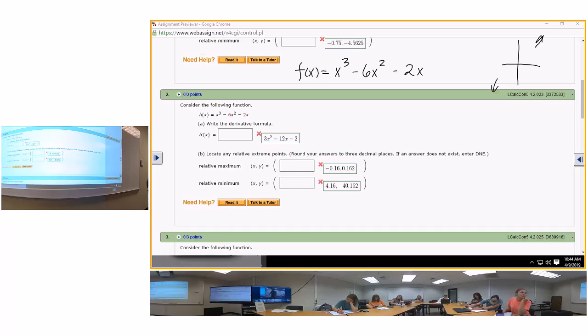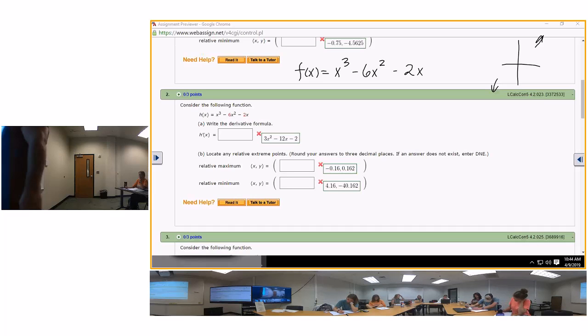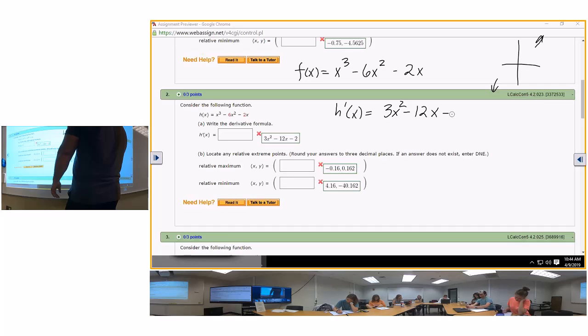So let's see what happens. H prime of x is equal to 3x squared minus 12x minus 2. Y'all check me and make sure I didn't make a mistake again.